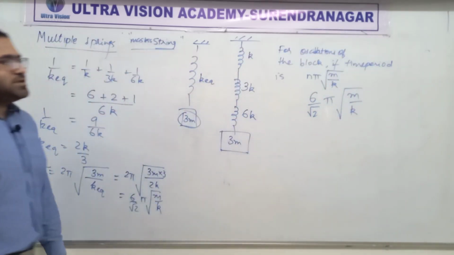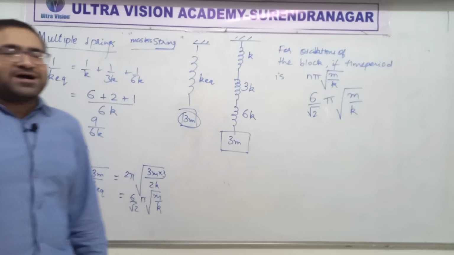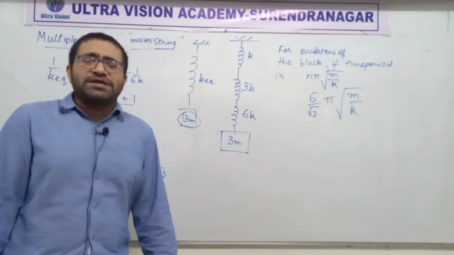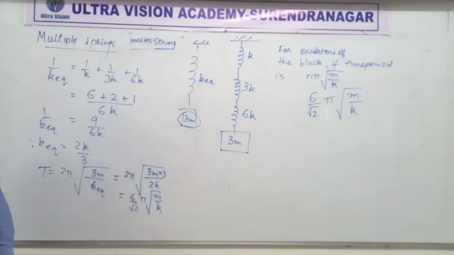Is this clear? Raj, do your calculations properly, don't guess. Make sure you do the calculation twice. Don't make mistakes here. So 6 by root 2 pi root of m by k.